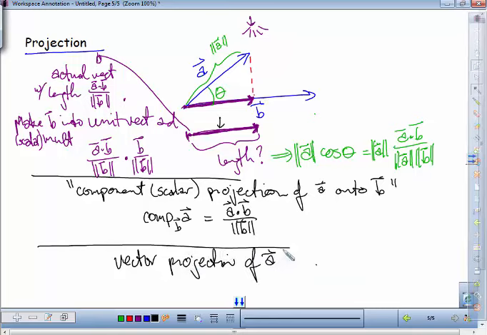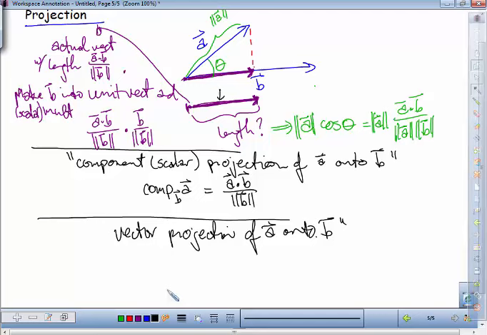This time the notation is a little bit different: PROJ, projection of A onto B. I say that in that order, and I write it in that order, so I'm writing A first, and then I write B as a subscript. If you can get used to doing that, this is big.